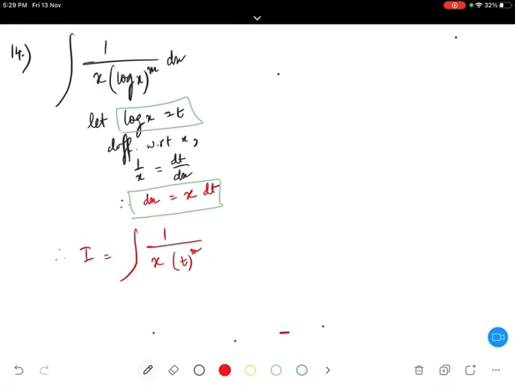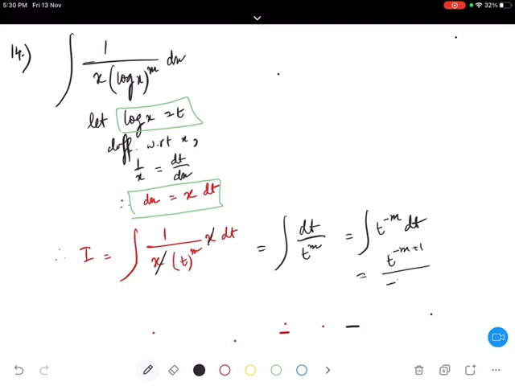That's why I am telling you not to make that sound, because my mind is getting distracted. This x cross multiply this, it will be x dt, right? So I get x dt in here. Again you are making the sound. So x goes out. So what we have is integration of dt divided by t to the power m. Now t to the power m, I can write it as integration of t to the power minus m dt, and integration of that will become t to the power minus m plus 1 divided by minus m plus 1 plus c.